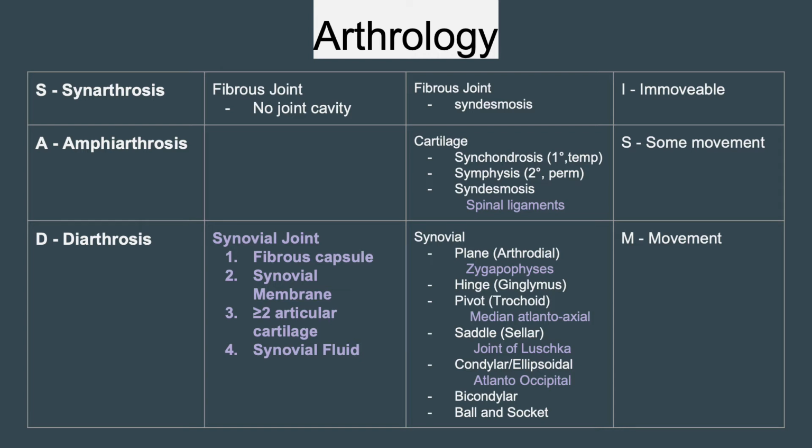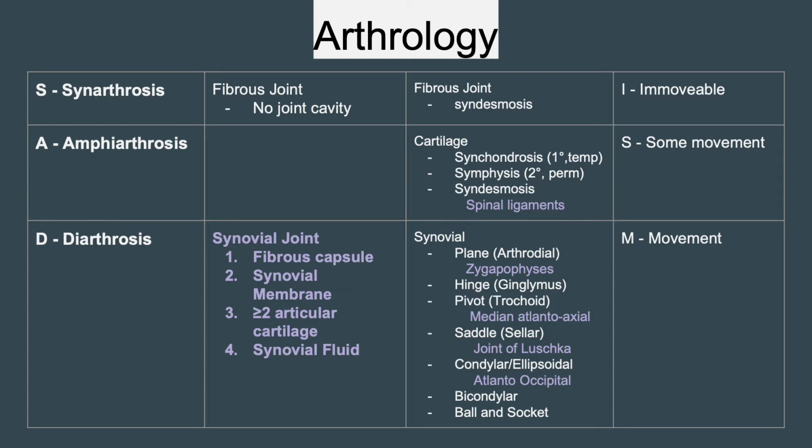Moving into the amphiarthrosis, so we've got a few different types here. You've got your cartilaginous, so that's going to be your synchondrosis, your symphysis, and your syndesmosis, which is going to be your spinal ligaments. So syndesmosis should be its own little feature there.